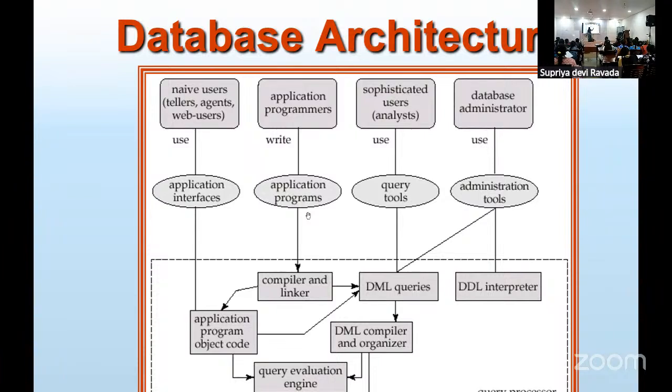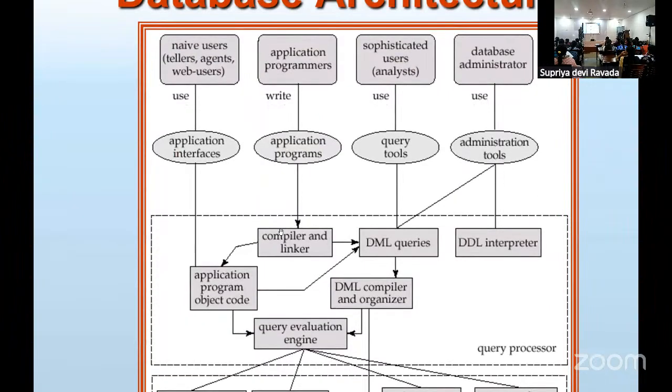What is the last one? Database administrators. These people are going to use only the administration tools. Is it clear? So we have seen 4 types of users: naive users, application programmers, sophisticated users, database administrator.